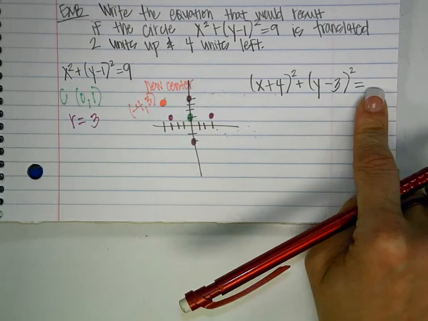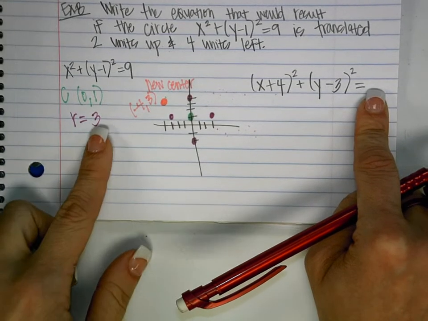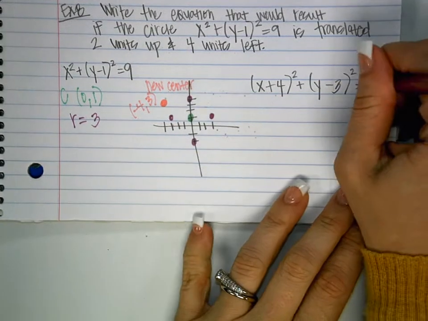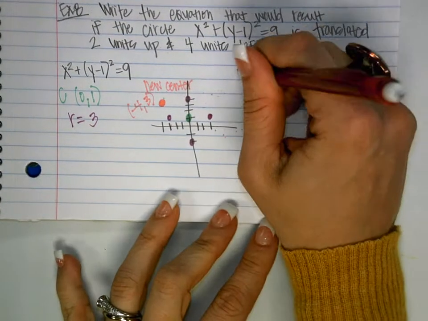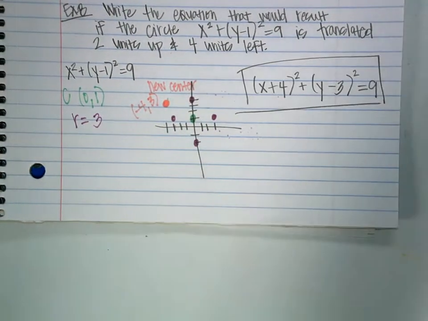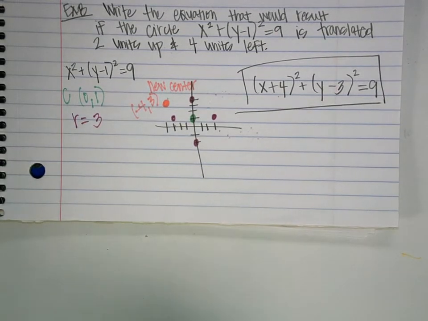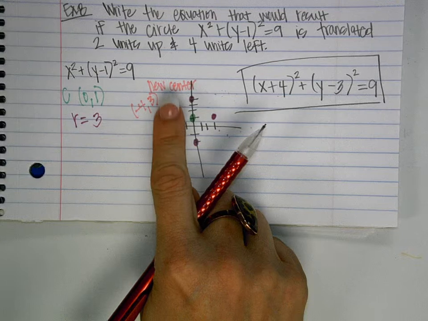No. The radius doesn't change, so it is what it started with, 3 squared, which is 9. Same radius. That is your answer. So translating is really just moving the whole equation, but what you're really concerned with is the new center.